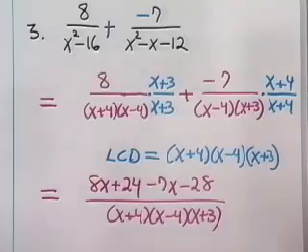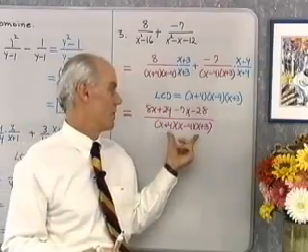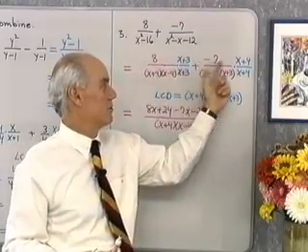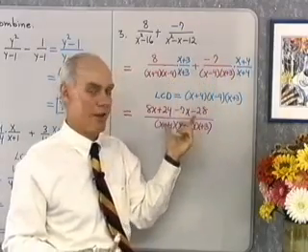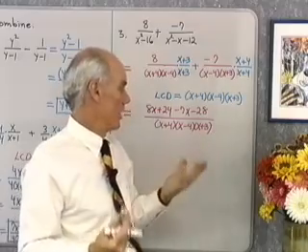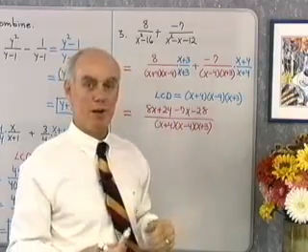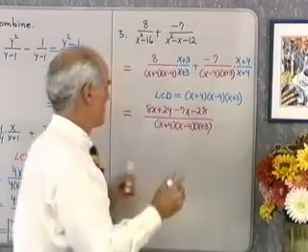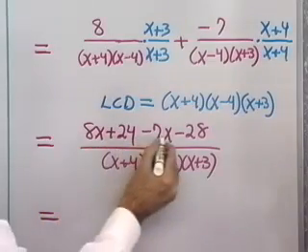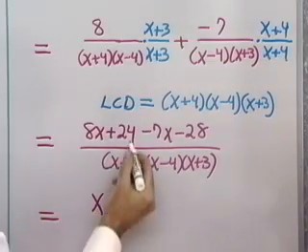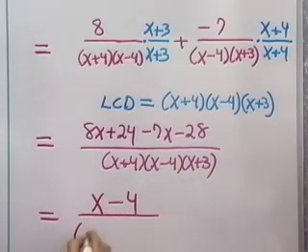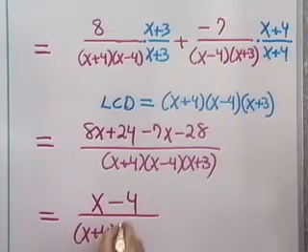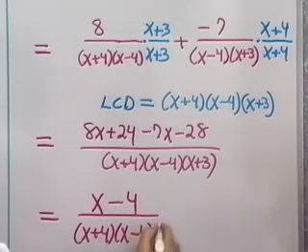So that's a couple of steps at the same time right here, where I've multiplied out these two products and then added them up in the numerator, put all that over the least common denominator. One last thing to do, simplify that numerator and then see if I can't reduce to lowest terms. So let's see, 8x minus 7x is x, 24 subtract 28 is minus 4. And that's all over x plus 4, x minus 4, and x plus 3.